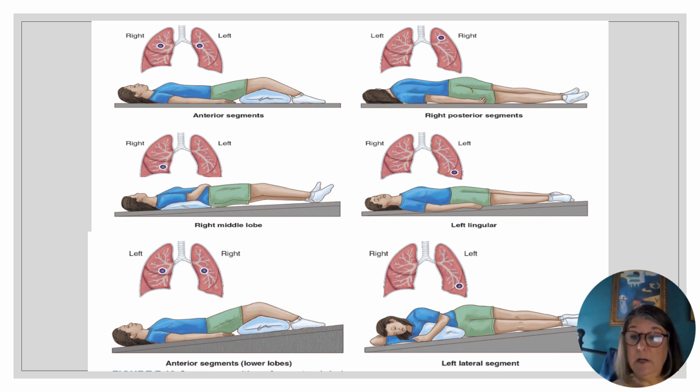This is from our book. This is showing some of the positions that people can be in. One of the other things with CPT, if our person is wearing normal clothing, you don't want to do any pounding over buttons or zippers or anything like that, because we don't want to cause skin damage, right?